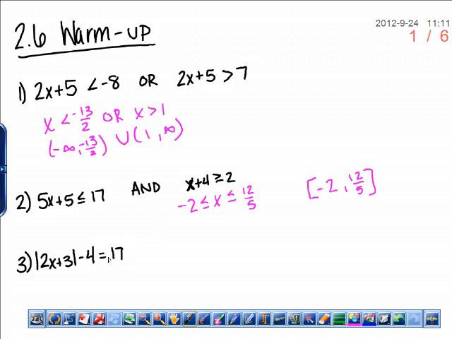Good. You have to isolate, right? And then you set it equal to the positive and the negative. And you should have gotten negative 12 and positive 9. Any questions on those? Sure.